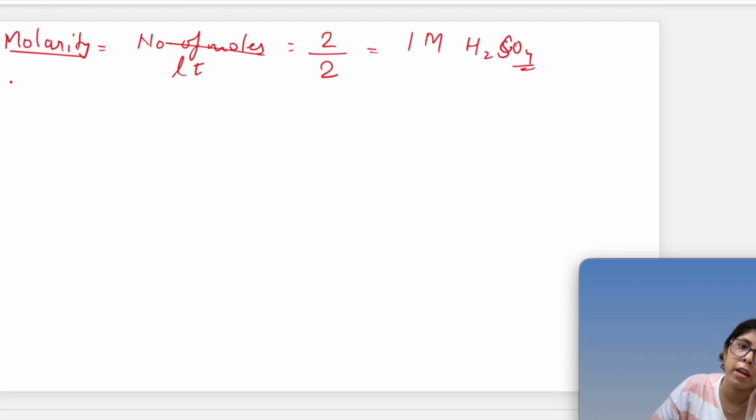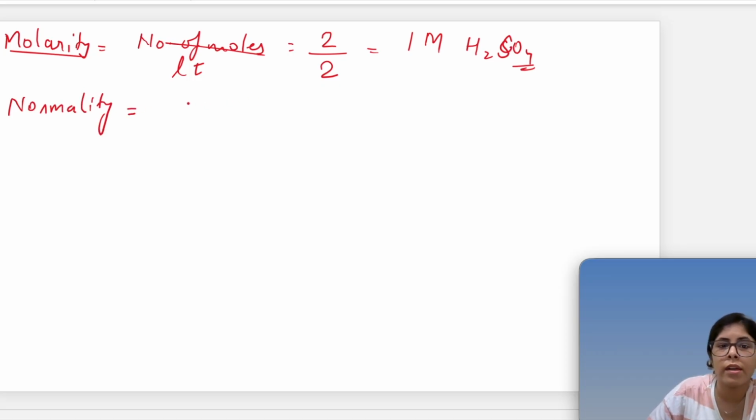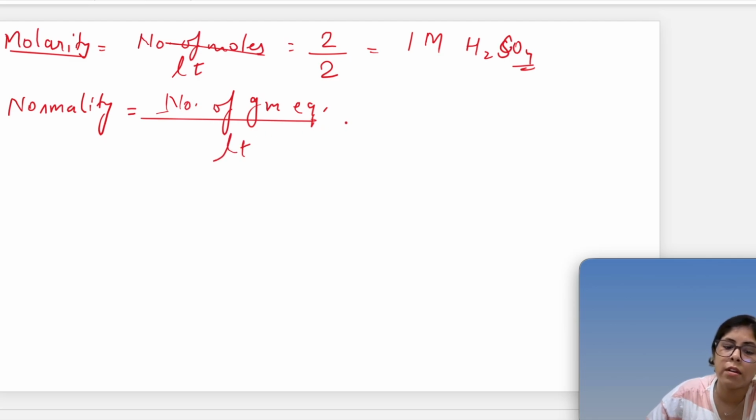This is molarity. Now if I want to calculate the normality, the normality is the number of gram equivalents per liter. The number of gram equivalents we calculated was the weight 196 upon the equivalent weight 49, which is 4, and for per liter that means divided by 2 because there are 2 liters.